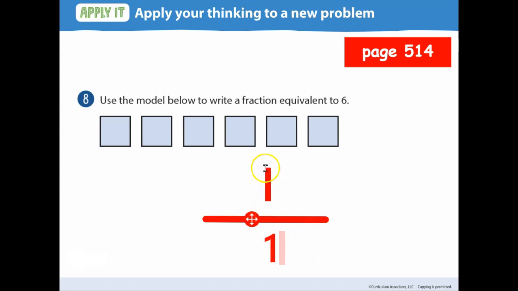What's my numerator? 6. Why 6? There's 6 squares. 1, 2, 3, 4, 5, 6. Boom. Right? Perfect.